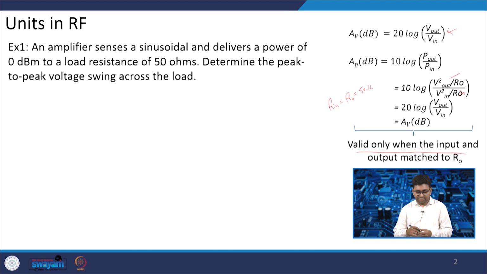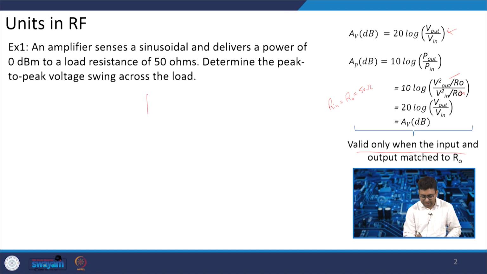Mostly for an RF system, when we are designing anything on chip, we will consider the voltage swing or voltage gain. So, how can you relate that to the power based on the swing? In this example, an amplifier senses a sinusoid and delivers a power of 0 dBm to a load resistance of 50 ohm.